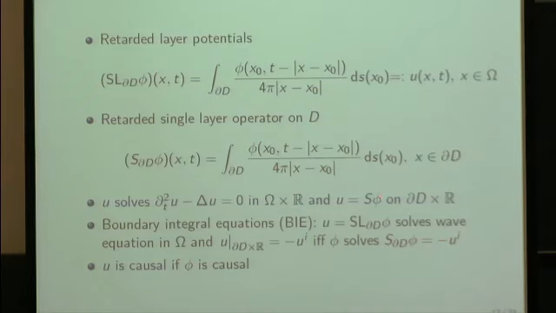So, at least formally, if you want to solve boundary value problems for the wave equation, you can try to represent your solution as a single layer potential with a certain density phi. If this U has to satisfy boundary values, then the phi has to satisfy a retarded boundary integral equation.